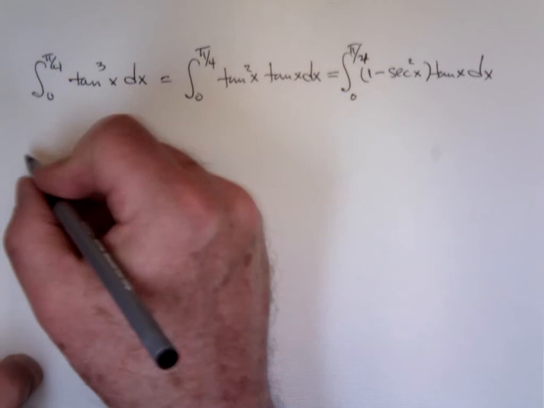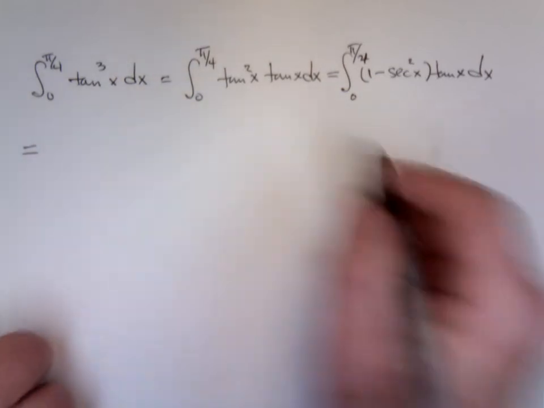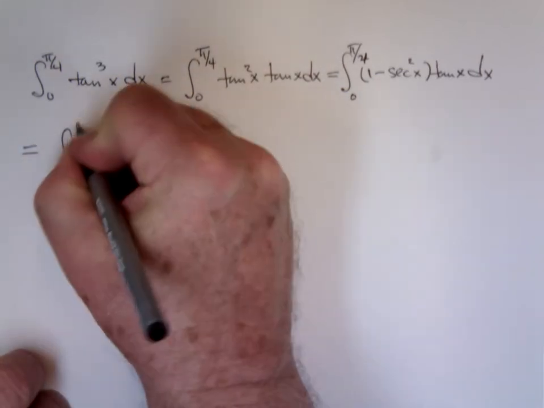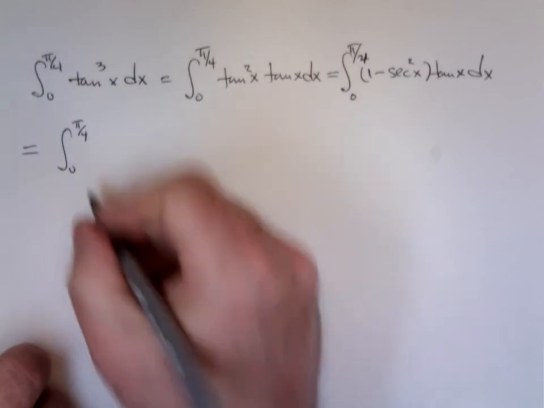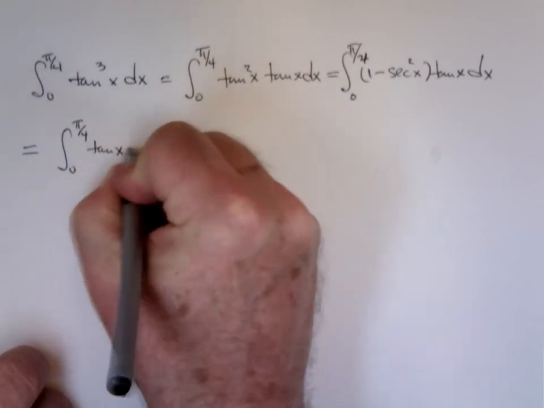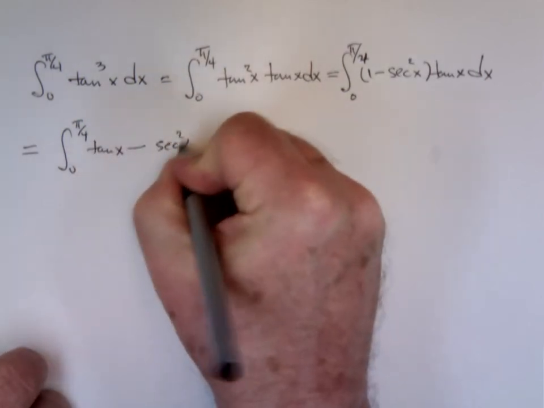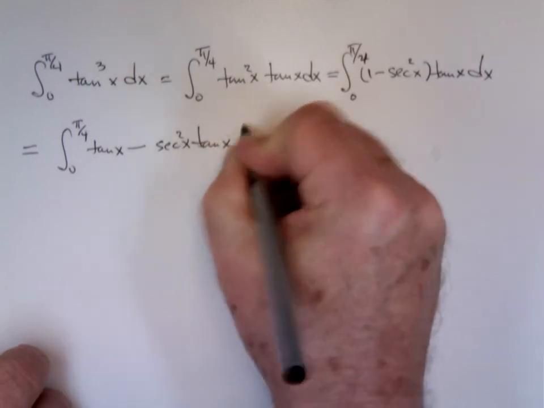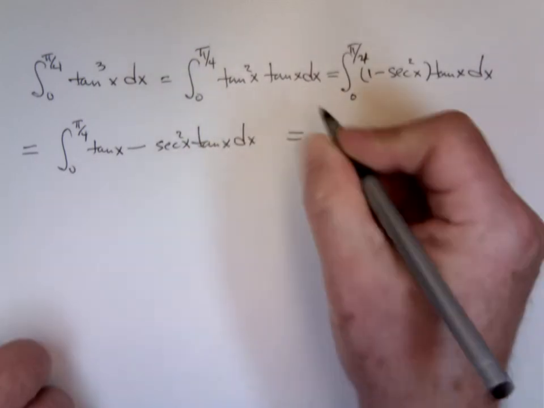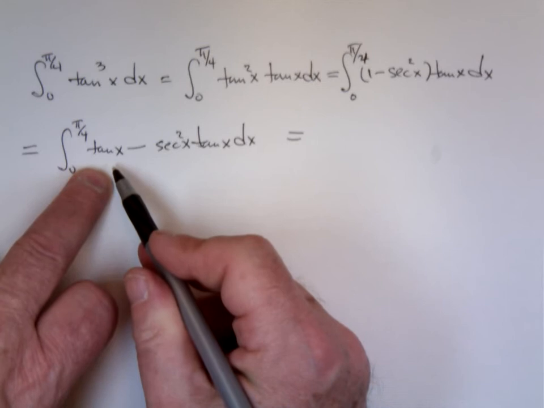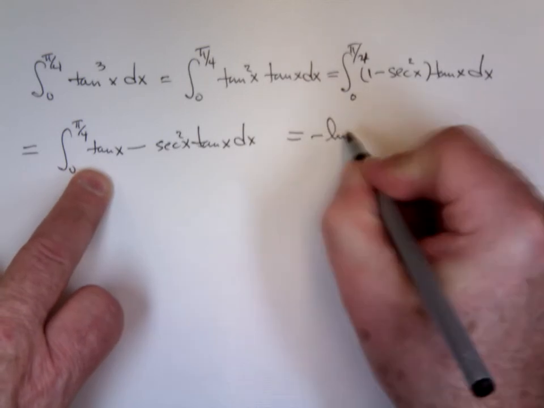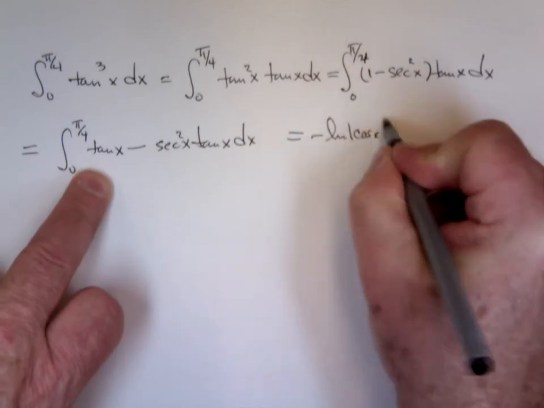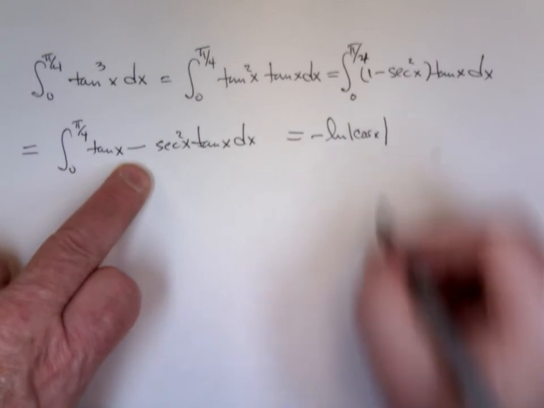All right, so multiply it out. You get tangent secant squared minus tangent. The integral of tangent is a negative natural log cosine, minus.